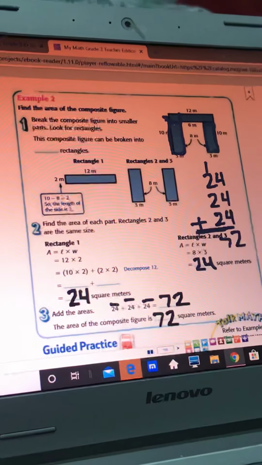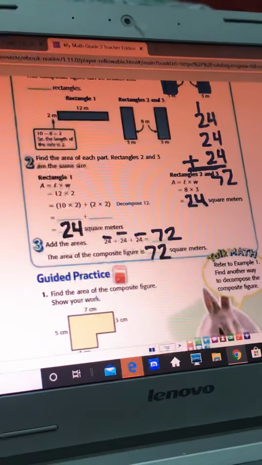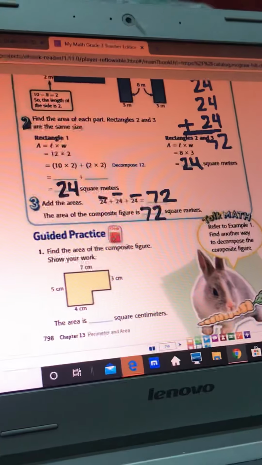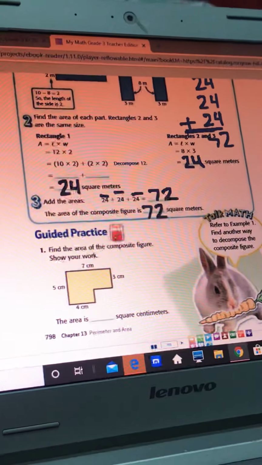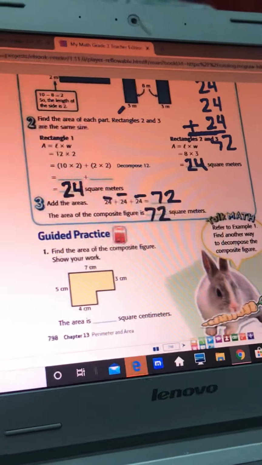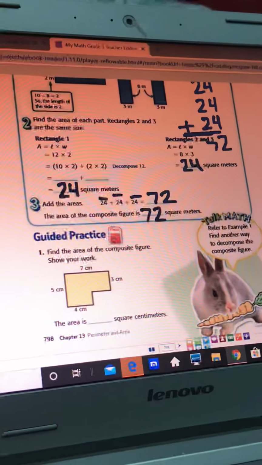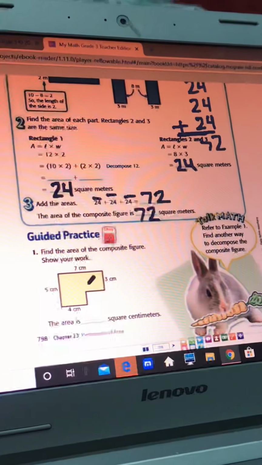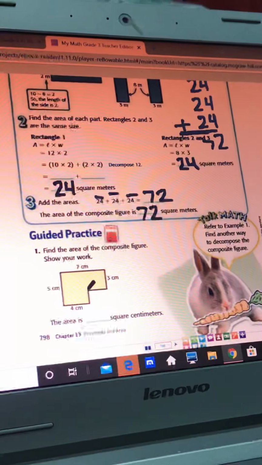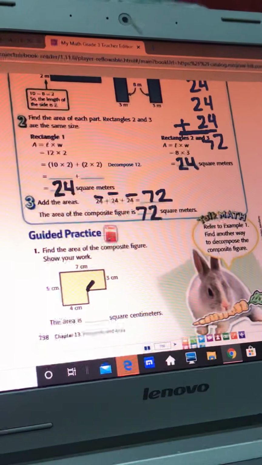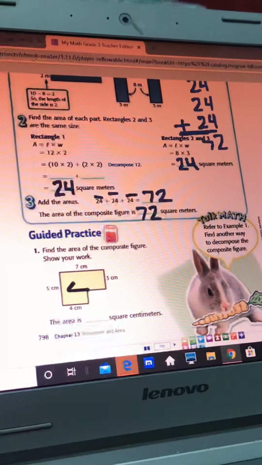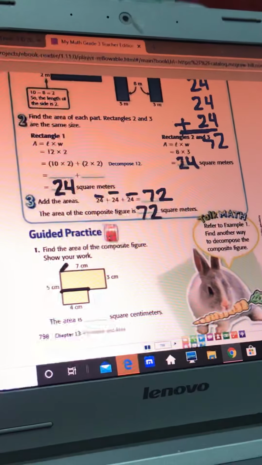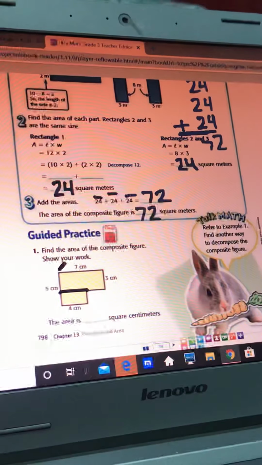Okay, let's have the guided practice. First, I told you let's decompose the figure. That's the first step that you have to know. Decompose the figure. So I would like to decompose it from here. Meaning this is the first rectangle.